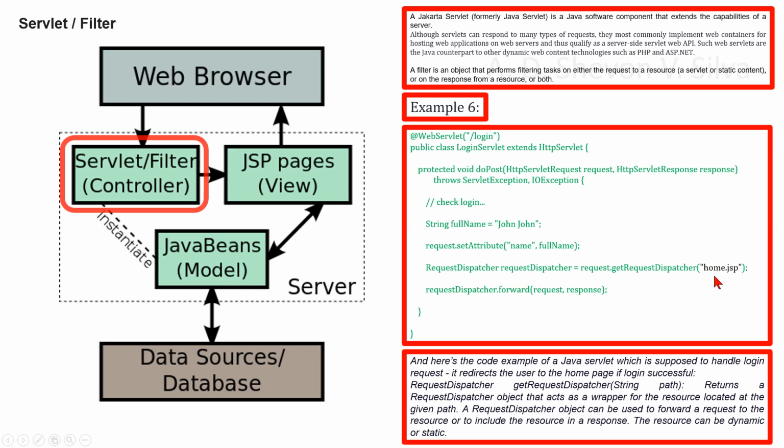A request dispatcher object can be used to forward a request to the resource or to include the resource in the response. The resource can be dynamic or static.